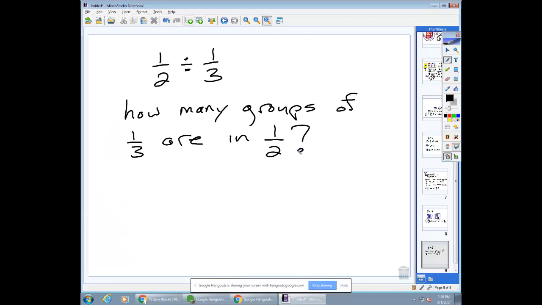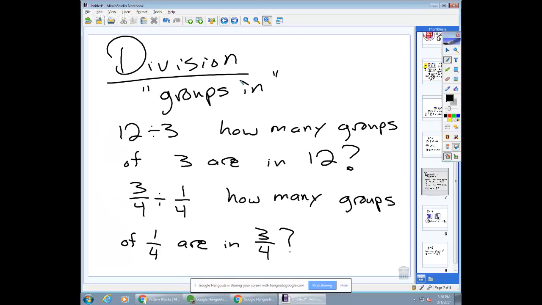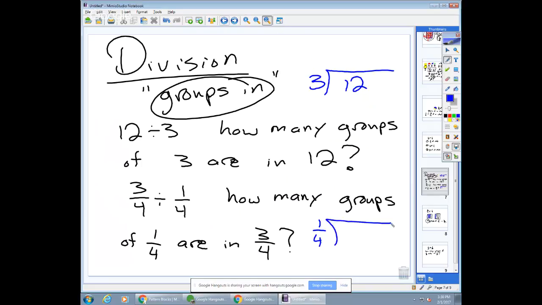Now, just a note on the example with 12 before, when we look at groups in, that's the goes into symbol we use. 3 goes into 12 how many times? And so we can do that with fractions too. We could consider 1/4 goes into 3/4 how many times? So we're going to try and do that here with pictures.